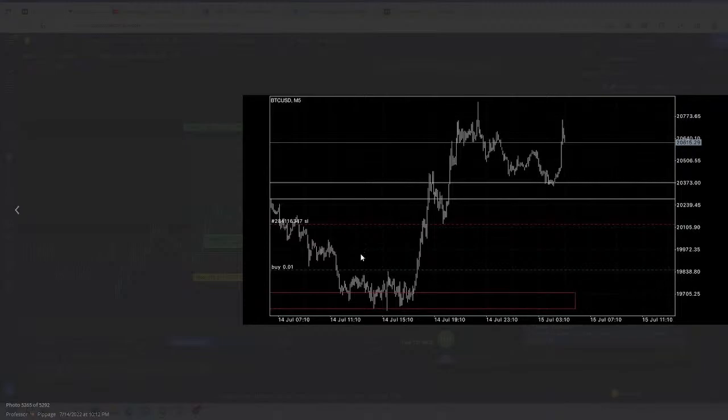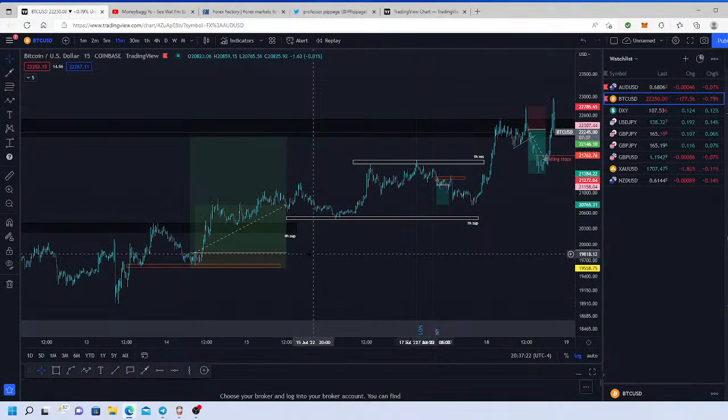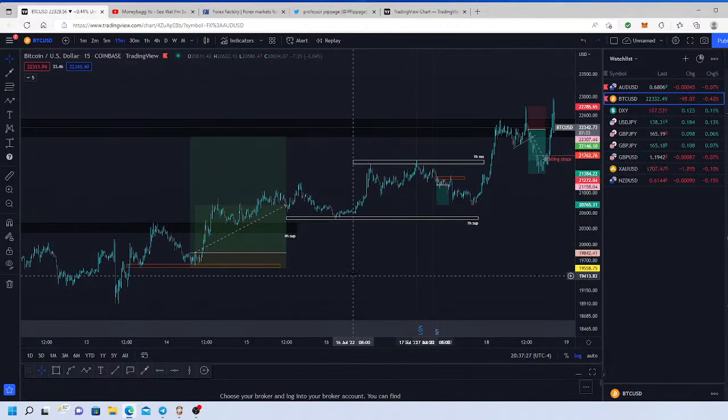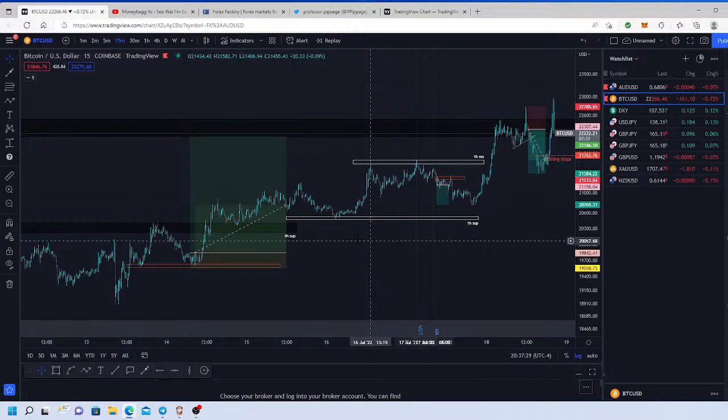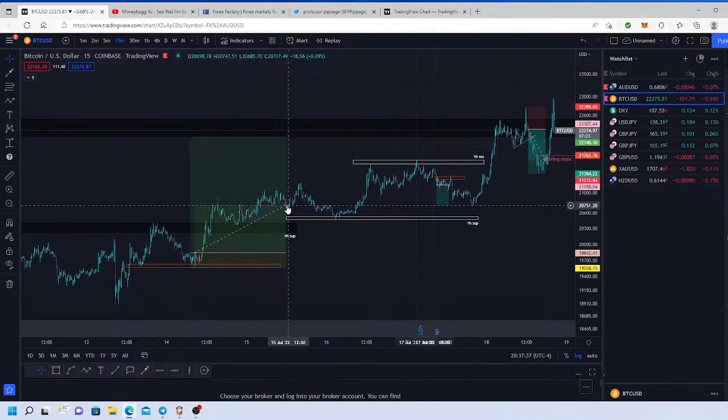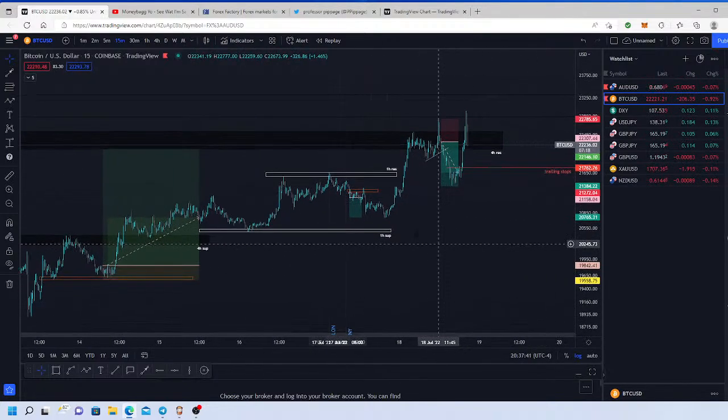Yeah, 19,838. That's what we got in right here. We was originally targeting there. Trail the stops. We got to trail that somewhere over here. Yeah, I had trailed the stops right under here because we was pushing and breaking through. Then we came back and I got popped right over there. And then as you can see, continuation.